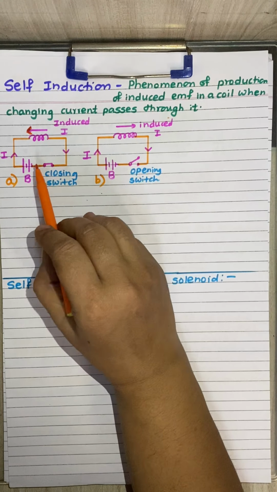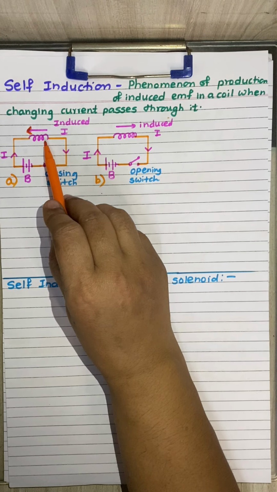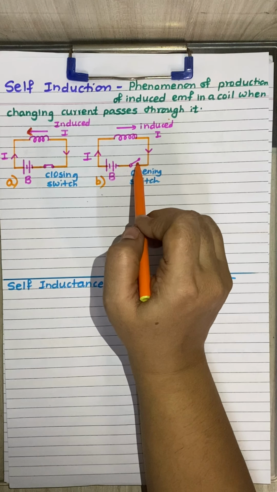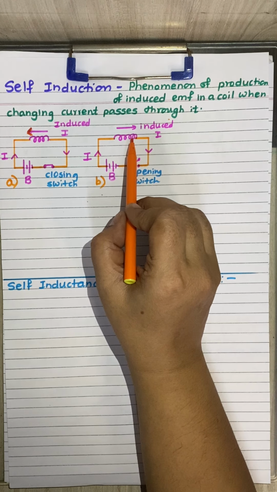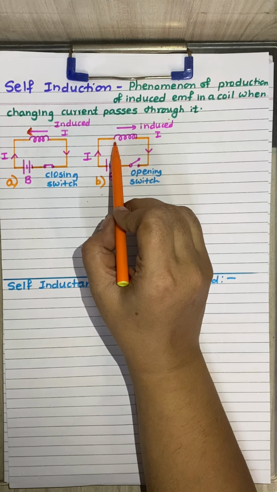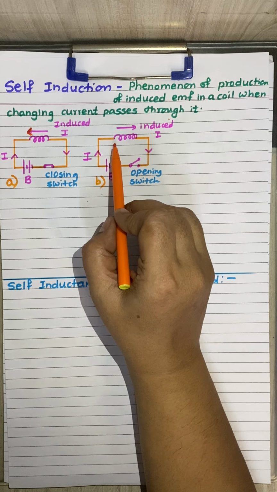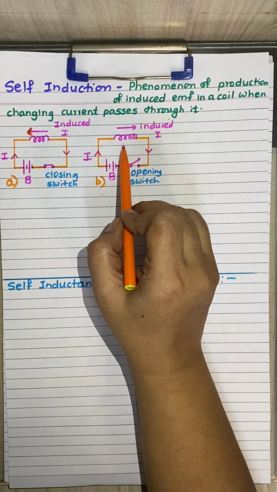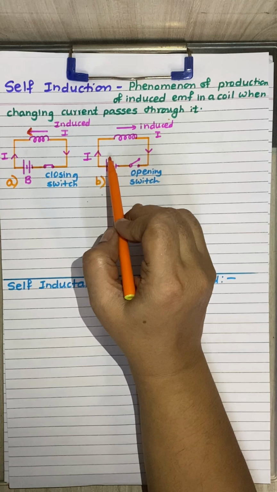Previously, when current was flowing through the coil, the flux was maximum, but as soon as you open the switch, the flux changes from maximum to 0. So the induced current opposes this change in the magnetic flux from maximum to 0.